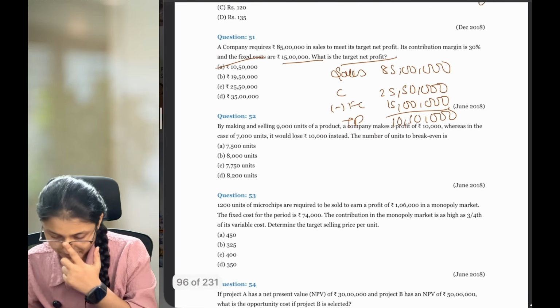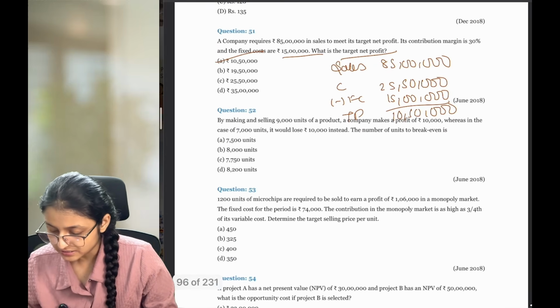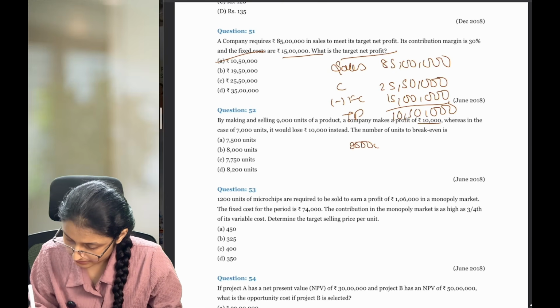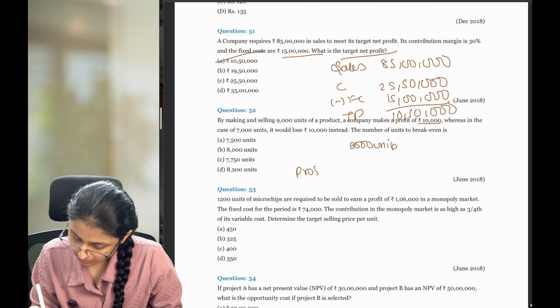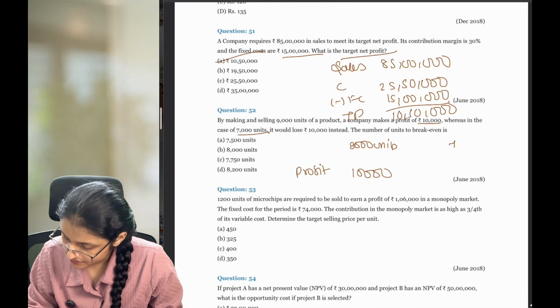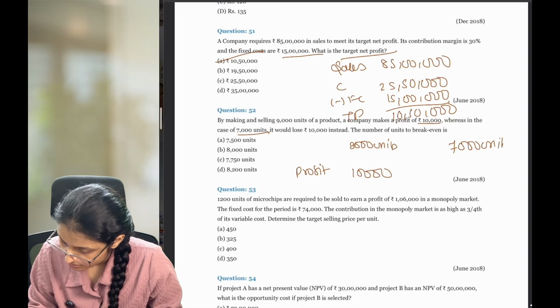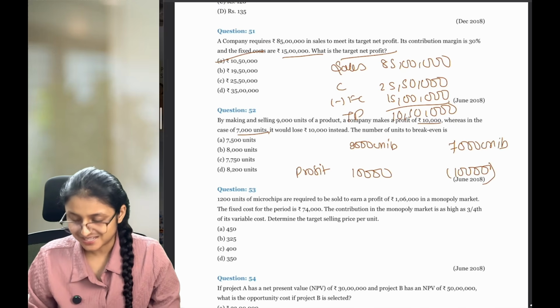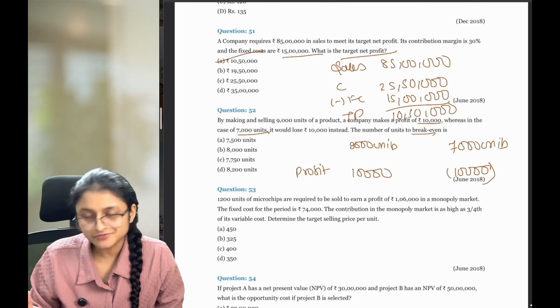Done. Next, by making and selling 9,000 units of a product, a company makes a profit of 10,000. So by selling 9,000 units, profit is 10,000. Whereas in case of 7,000 units, there is a loss of 10,000. You need to tell the units you need to sell to reach your break-even point.